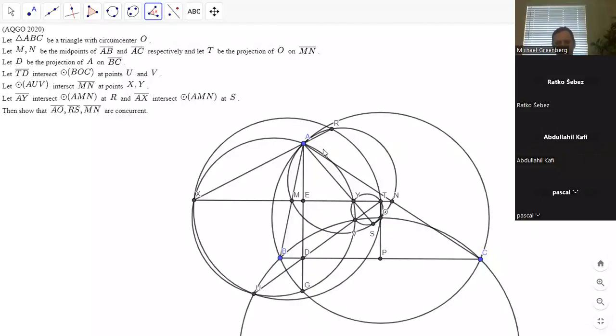So we want to show OY and OU are isogonal. And maybe we can use projective geometry for that. Not sure yet.